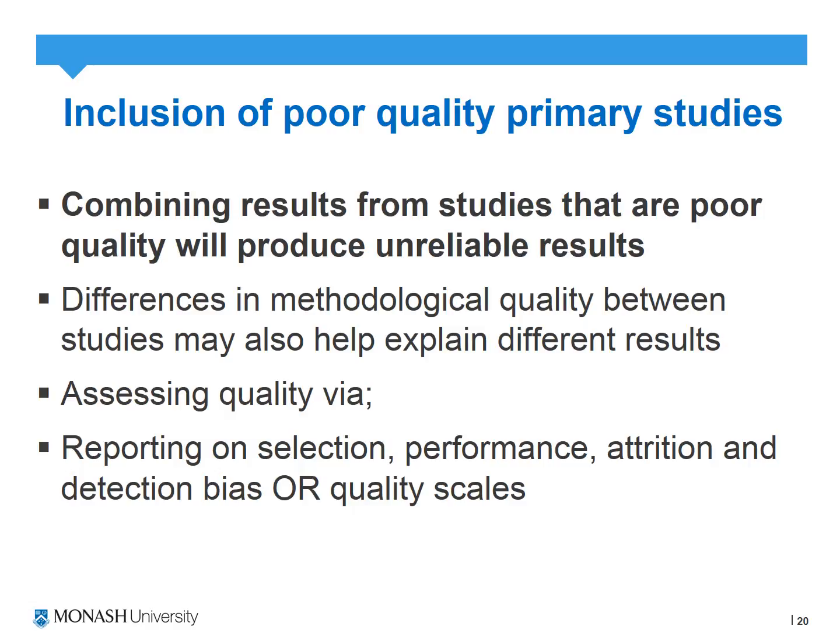One of the things that separates systematic reviews from other reviews and makes them so important and so respected within the medical and health science community is the inclusion or exclusion of studies based on their quality.